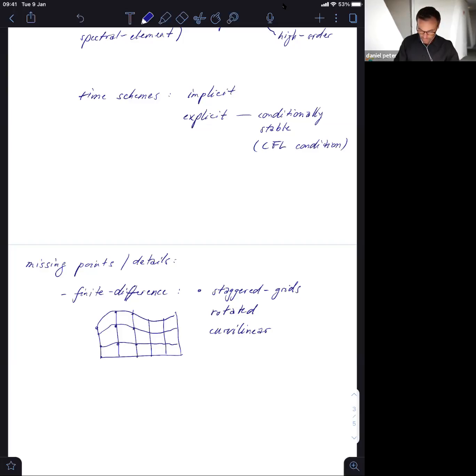And so curvilinear grids become popular, for example, when we would have topography, trying to map the topography with the grid.